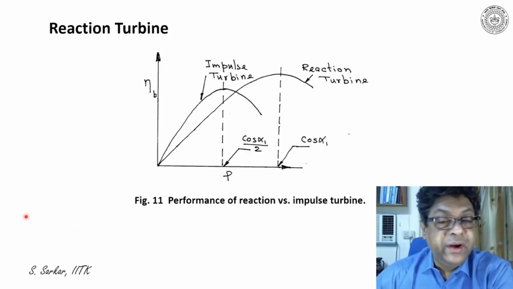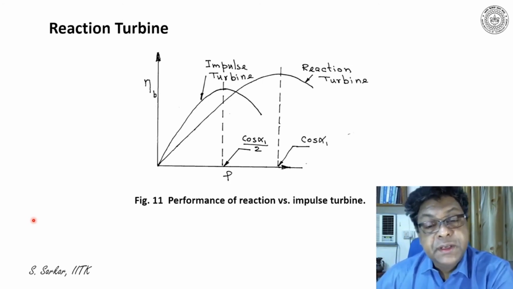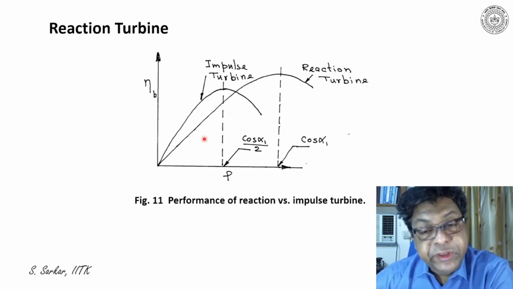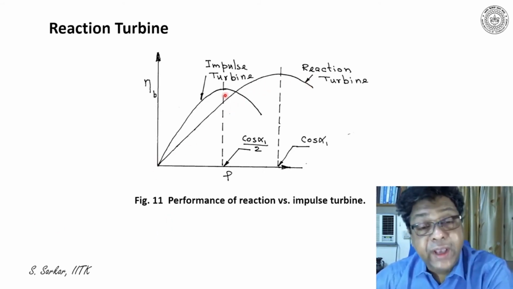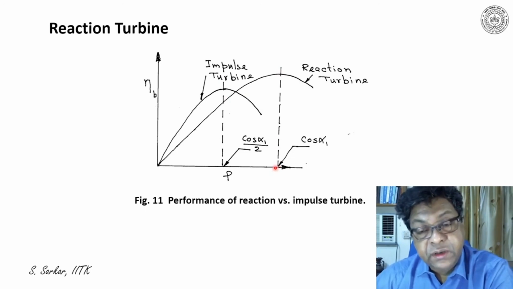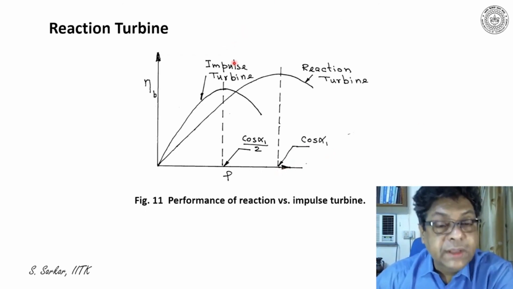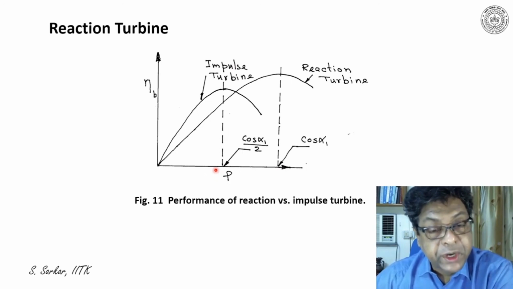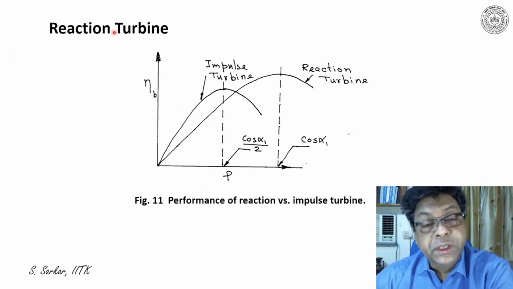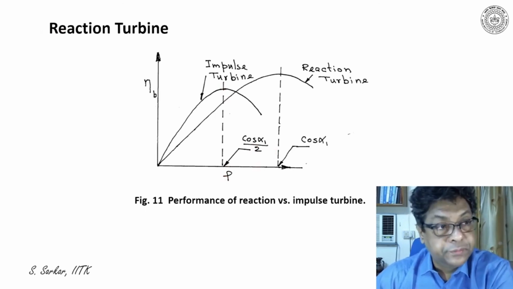I have compared here the performance of a reaction versus impulse turbine. Please note that the efficiency of a reaction turbine is higher than that of the impulse turbine, where the optimum blade speed ratio for the reaction turbine is given by cos alpha 1, while the optimum blade speed ratio for the impulse turbine is given by cos alpha 1 by 2.